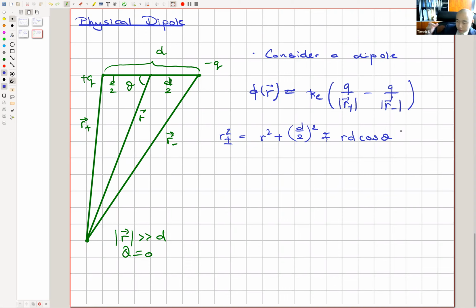So this is just the law of cosines, and I can simply write R plus, R minus in this way. Again, because I'm squaring, I'm not going to put an arrow on top just for convenience. Now, if I take R squared outside, then I can write this now as R squared times 1 minus plus cosine theta over R plus D squared over 4R squared.